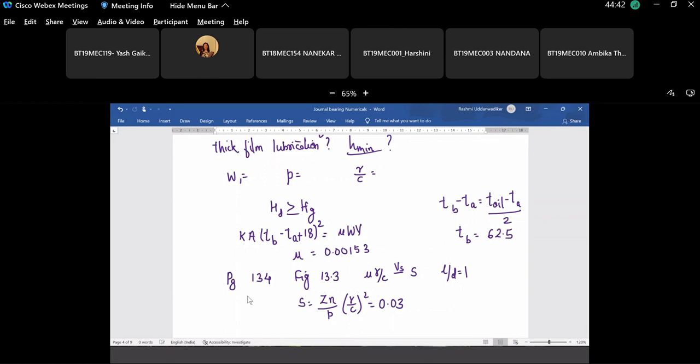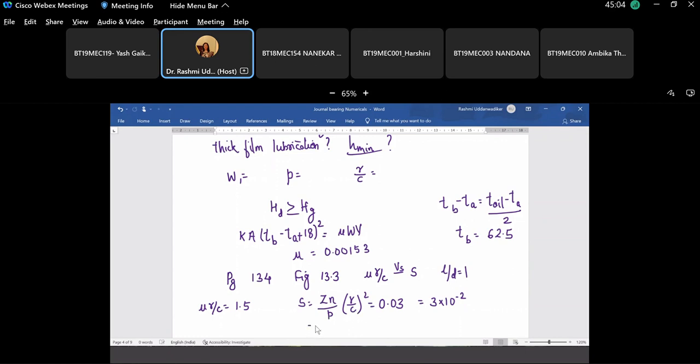For mu r by C 1.5. So you are getting this as 3 into 10 raised to minus 2 from the graph. N is known, P is known, R and C are known.